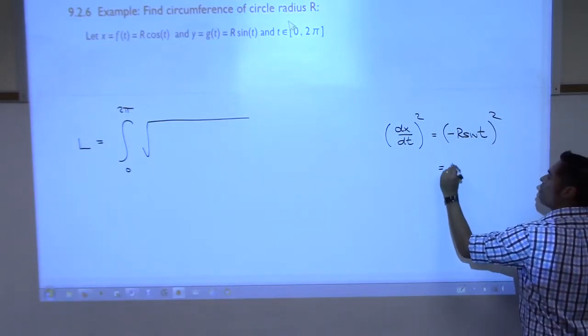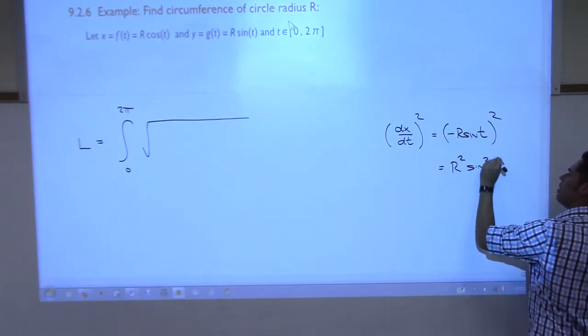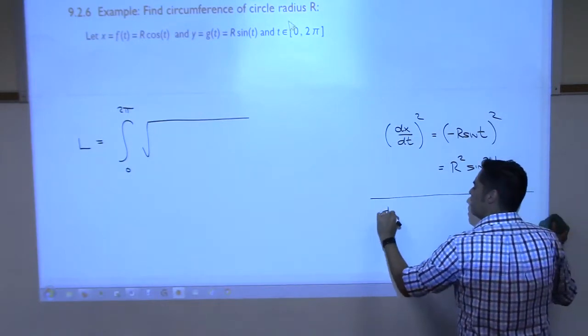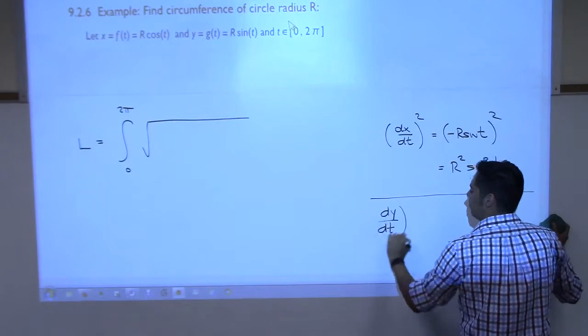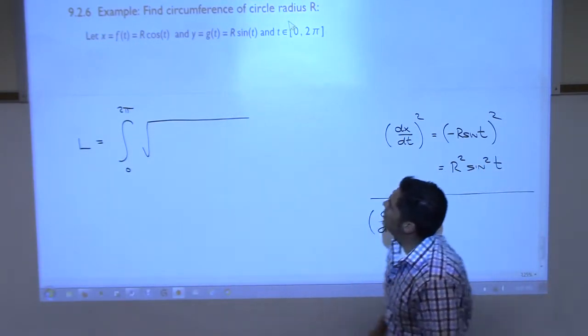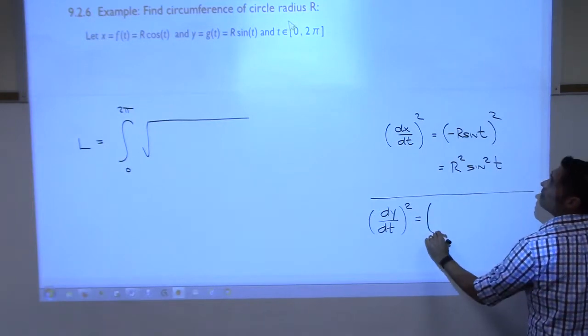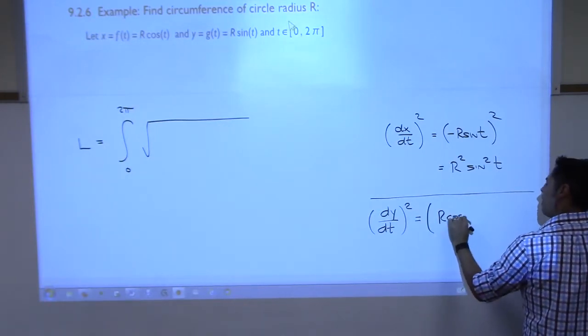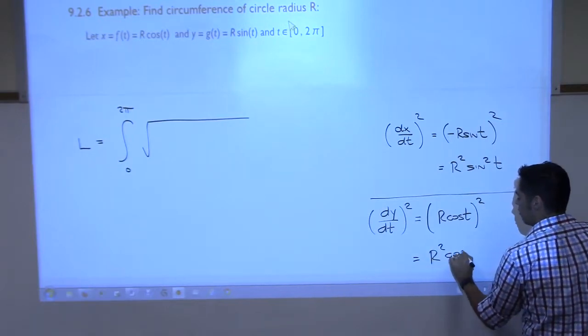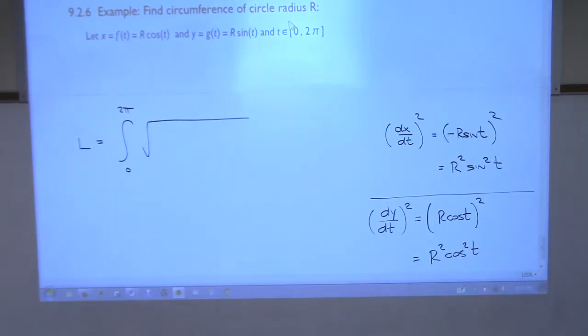So this is going to be r squared sine squared t. I'm also going to need in my formula dy dt squared. So take your y function and take its derivative, which would be r cosine t, and square it, which should give you r squared cosine squared t, right?